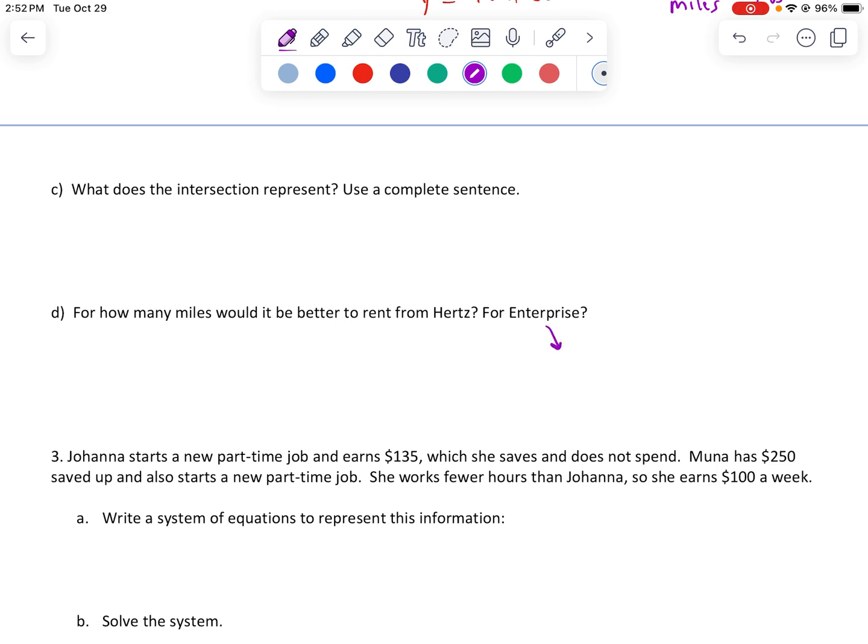So Enterprise is going to be cheaper if I drive less than 20 miles, which means if I drive more than 20 miles, it's going to be cheaper to rent from Hertz. So again, it's good that you can solve them, but then you also need to be able to interpret what it means in the context of the problem.